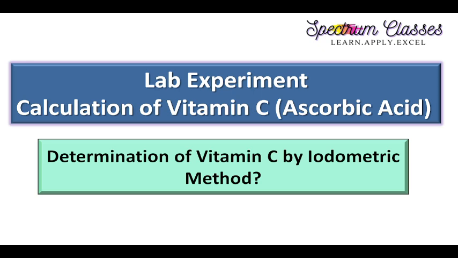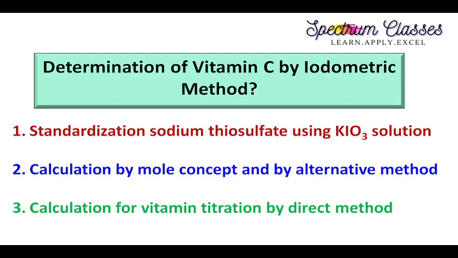What I performed in the experiment was based on the iodine solution, but many students are performing this titration with potassium iodate solution, that is KIO3 solution. So here I am going to give you the calculations related to potassium iodate, and I have divided this video into three different parts.